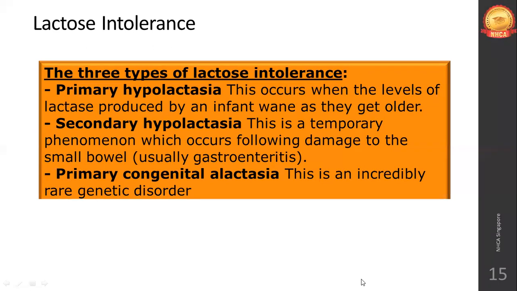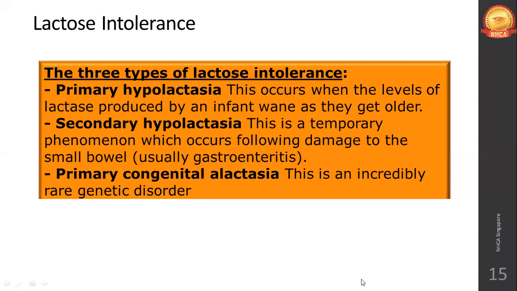But as a child grows up, some children as young as school age become lactose intolerant. Some become lactose intolerant in their teenage years, others in late adulthood. But generally speaking, a majority of the population is lactose intolerant, and they are unaware of it.